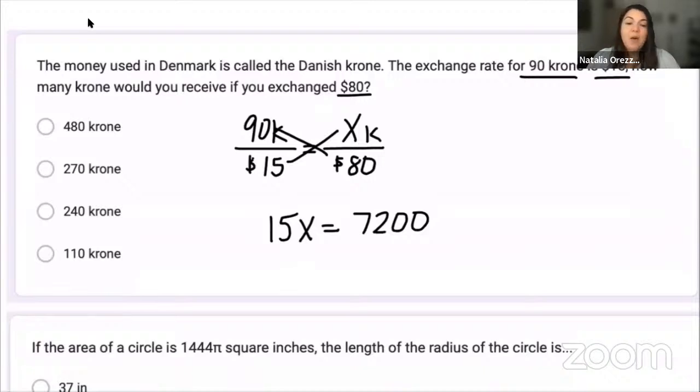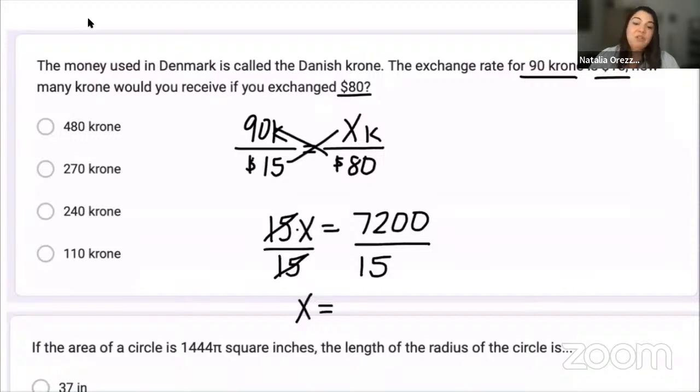And now I want to get the X by itself. The 15 is multiplied to the X. So I'm going to divide by 15. And whatever I do to one side of the equal sign, I'm going to do to the other side of the equal sign. So this is going to cancel out and give me X by itself on this side. And now I just have to divide by 15.